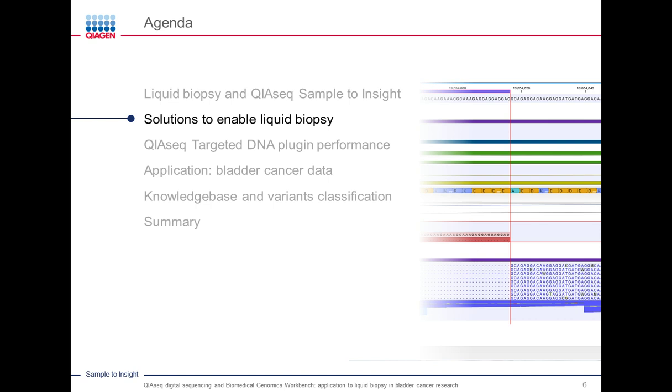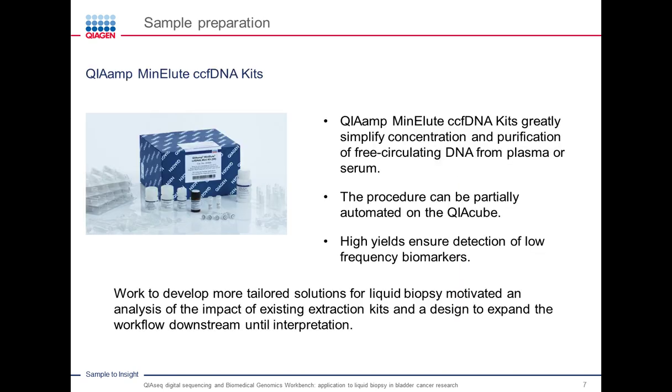So let's have a look at some of these solutions. First of all, the QIAamp MinElute circulating cell-free DNA kits that have been designed specifically to simplify the concentration and purification of free circulating DNA from plasma.